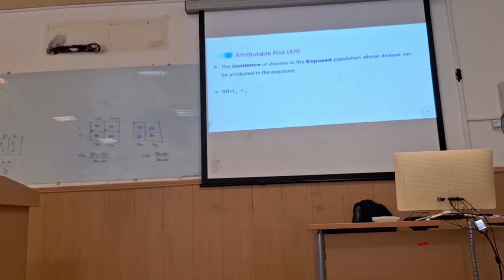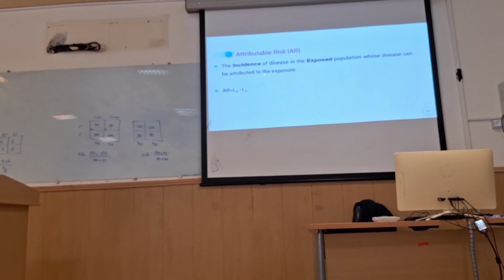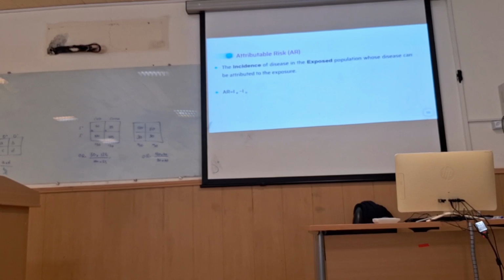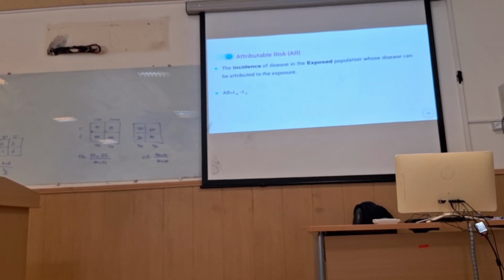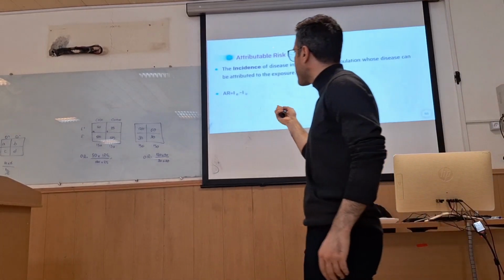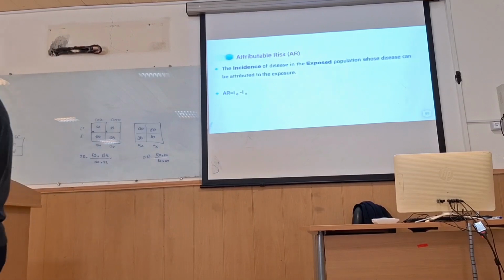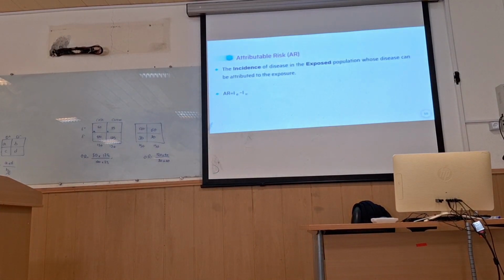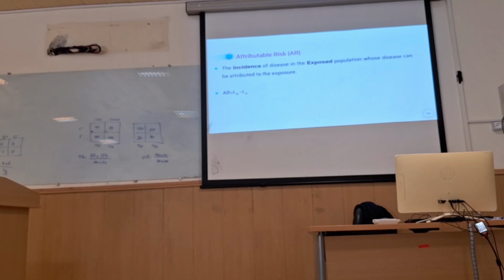And its formula is incidence in the exposed group minus incidence in the unexposed. We cannot calculate attributable risk in a case control study or in a cross-sectional study. Attributable risk can be calculated in cohort studies and randomized controlled trials.